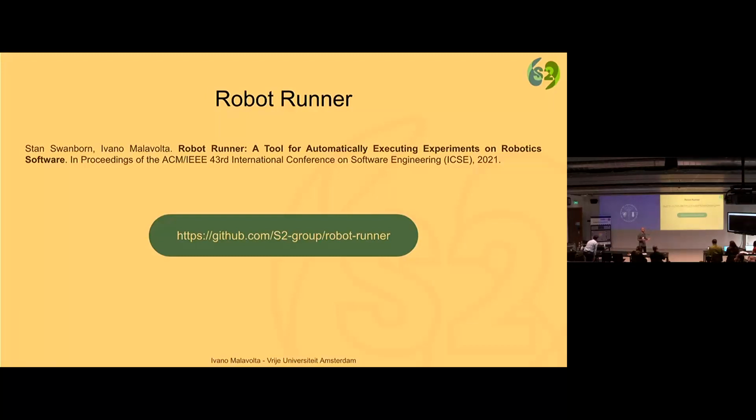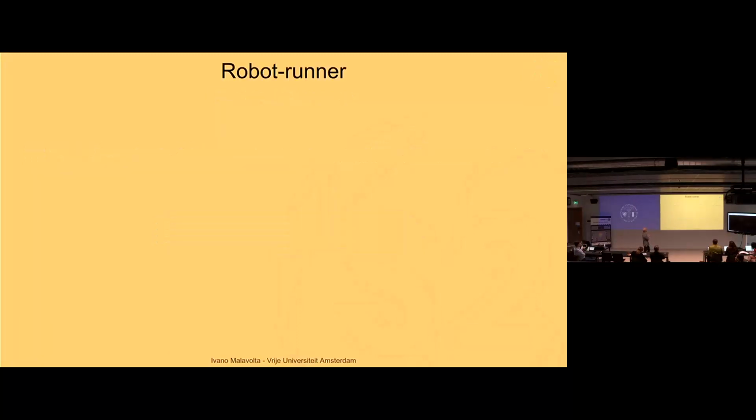I hope that this tool might be useful for you. At some point you will need to evaluate your algorithms, your systems, or whatever. The goal of this tool is really to help you in saving some time in executing the experimental part. So how does it work?